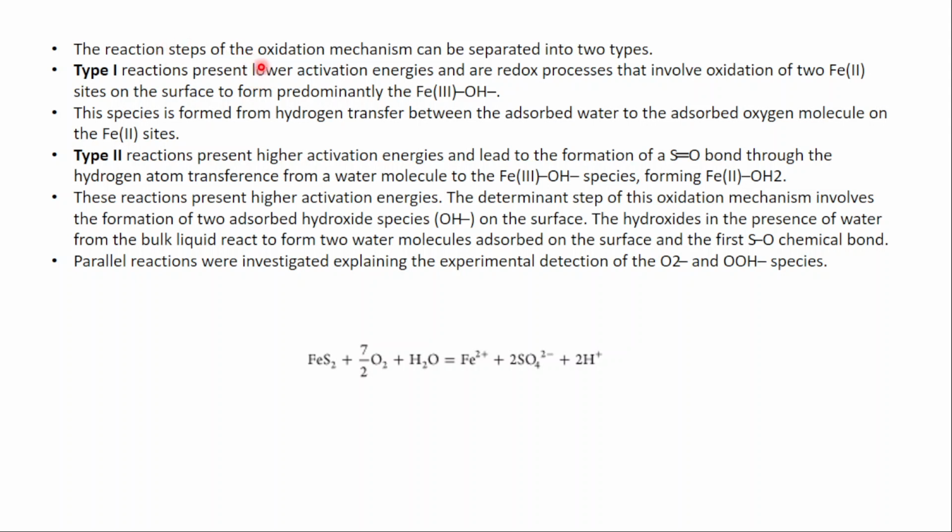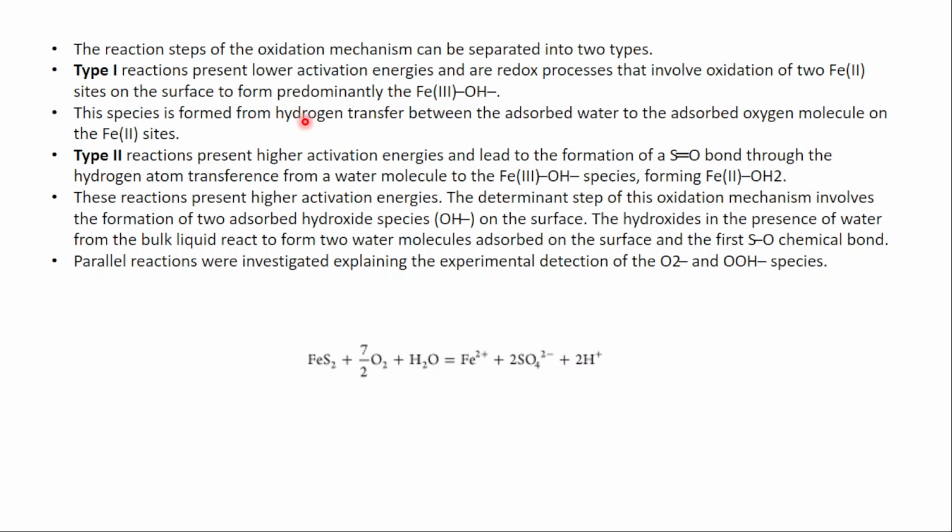The reaction steps of the oxidation mechanism can be separated into two types. Type 1 reactions present lower activation energies and are a redox process that involves oxidation of two Fe2+ sites on the surface to form predominantly Fe3OH. So this is a type 1 reaction generating OH radicals or OH- ions and Fe3+ ions.